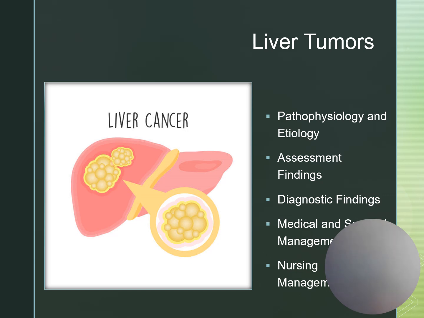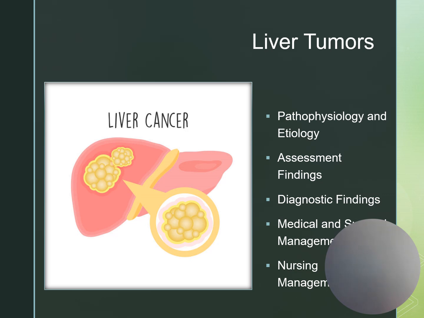Liver tumors are abnormal masses of cells in the liver. They can be benign or malignant. They may be a primary tumor or it may be a metastatic lesion from the breast, lung, or GI tract. Benign liver tumors may be caused from tuberculosis, fungal, or parasitic infections.